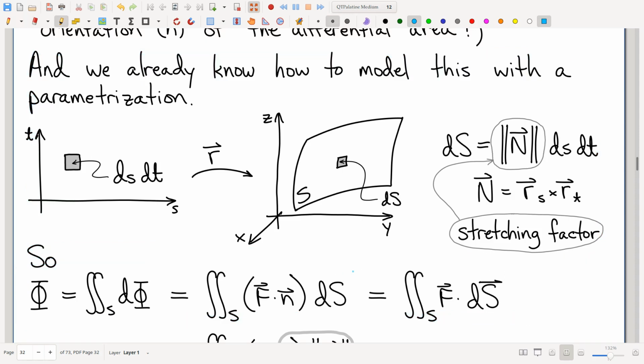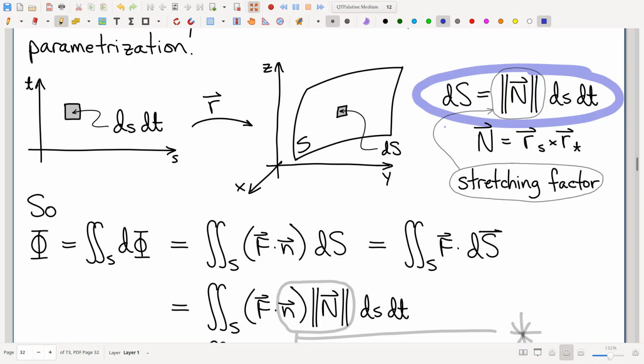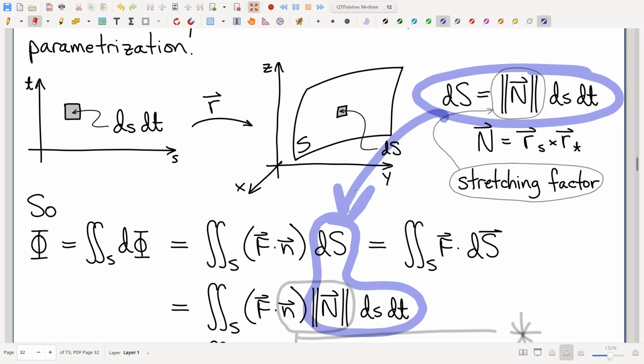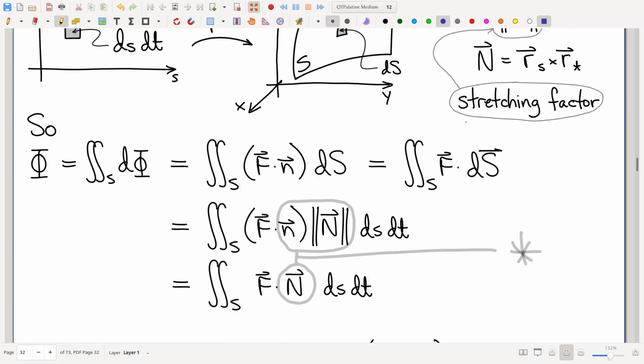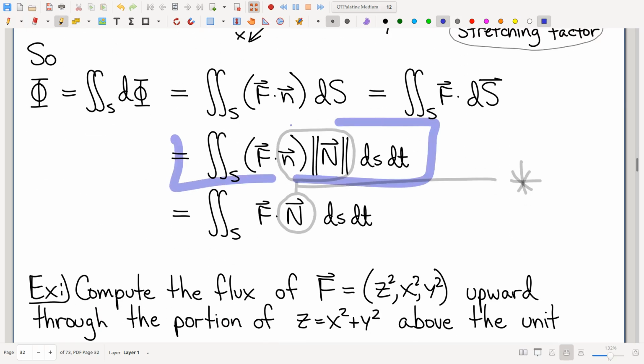And with this, here's the move. I'm going to take this equation right here. All we have to do is plug that in for dS, like so. And now we have a new equation down here. And how to make sense out of this? Well, I'm going to make an argument here.